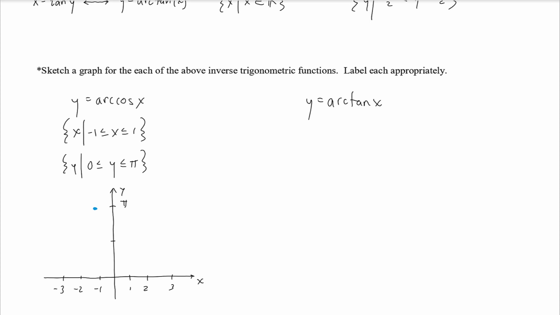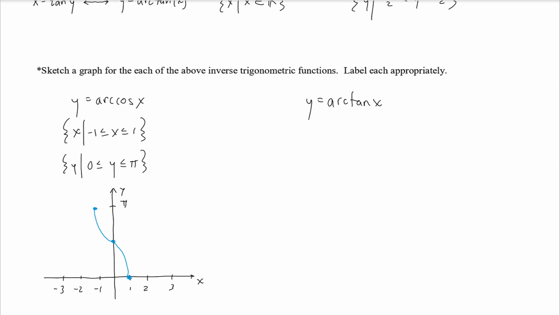So since cosine of 0 is 1, then we'd have 1, 0. And then when you're at the top of the circle for cosine, you have pi over 2, cosine of 0, so 0, pi over 2. So we're going to get our little shape there. It's a little more squeezed than I guess it needed to be, but that's okay.